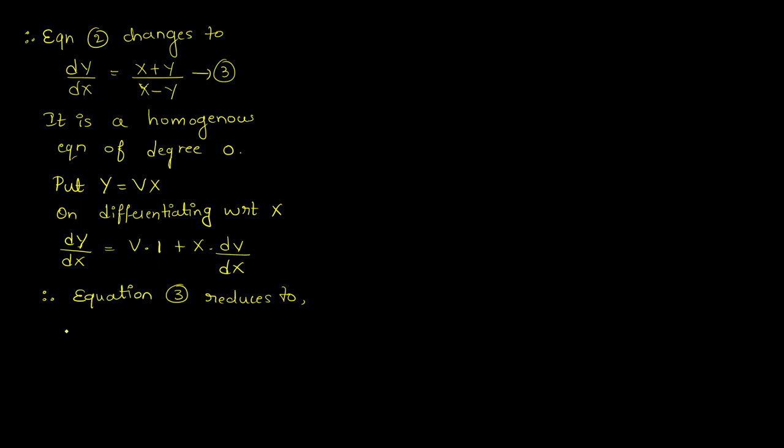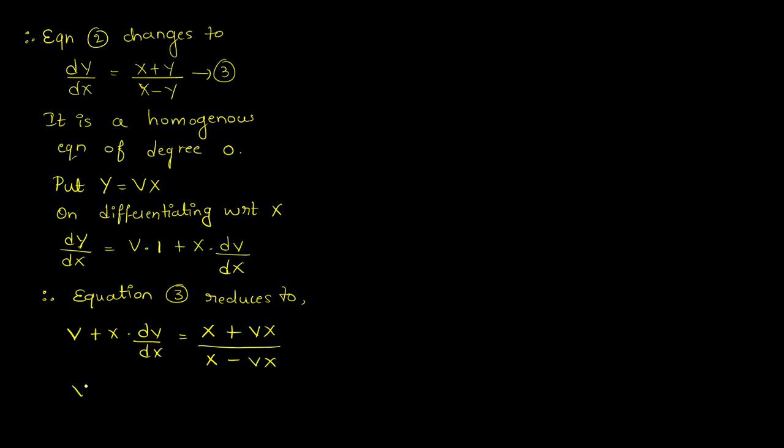for dy/dx we place v + x dv/dx, that is equal to x, we don't have any substitution, keep x as it is, y changes to vx, whole divided by, in the denominator x as it is, again y changes to vx.